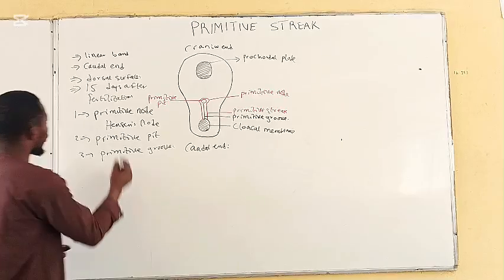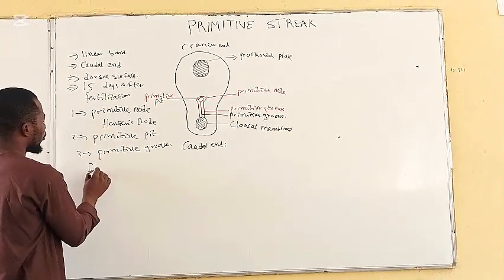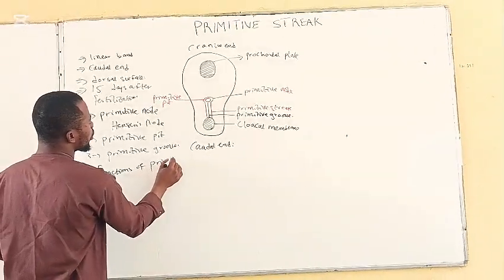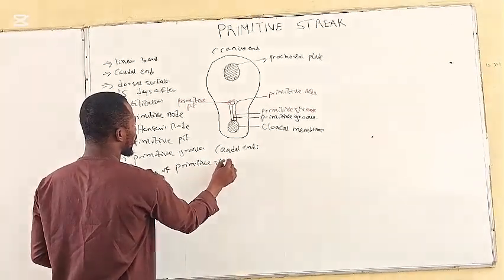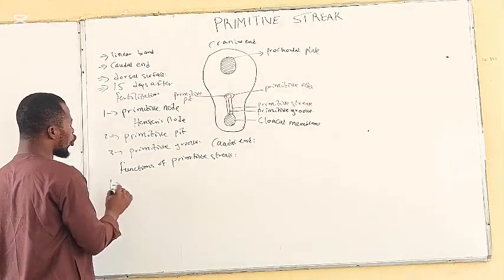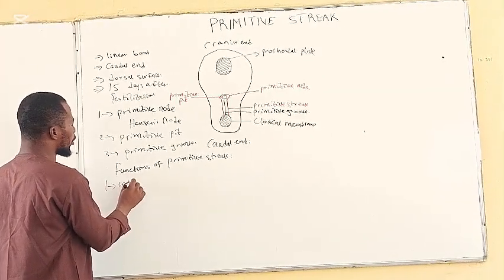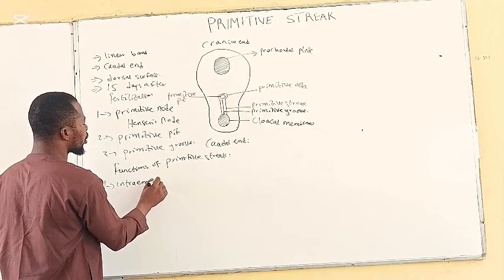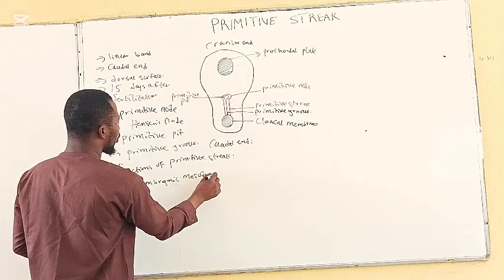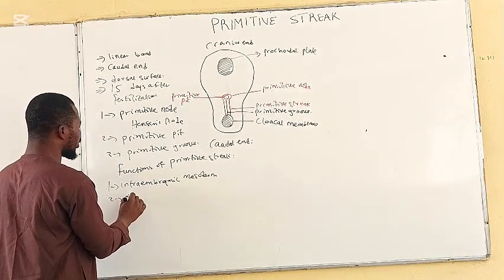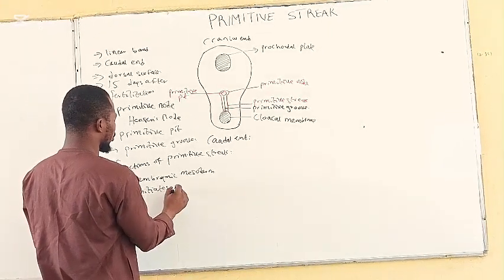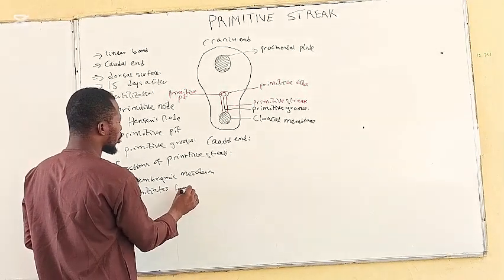Next is the functions of the primitive streak. One, the primitive streak forms the intra-embryonic mesoderm. Two, it initiates formation of the notochord.